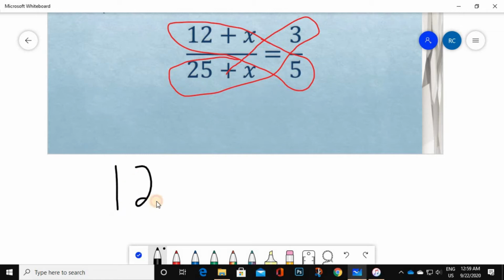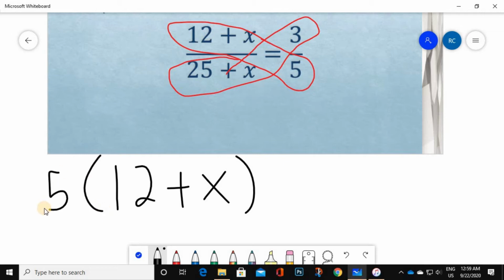12 plus x multiplied by 5. This is the left side.